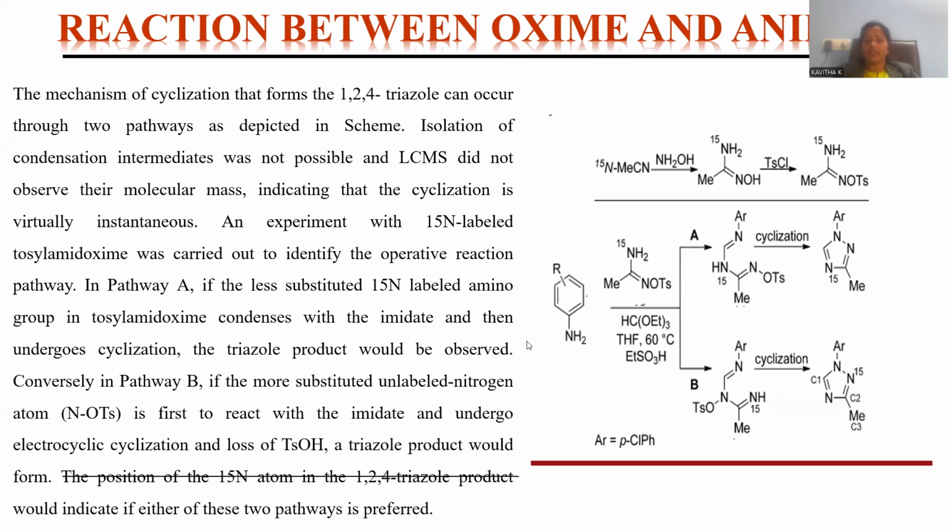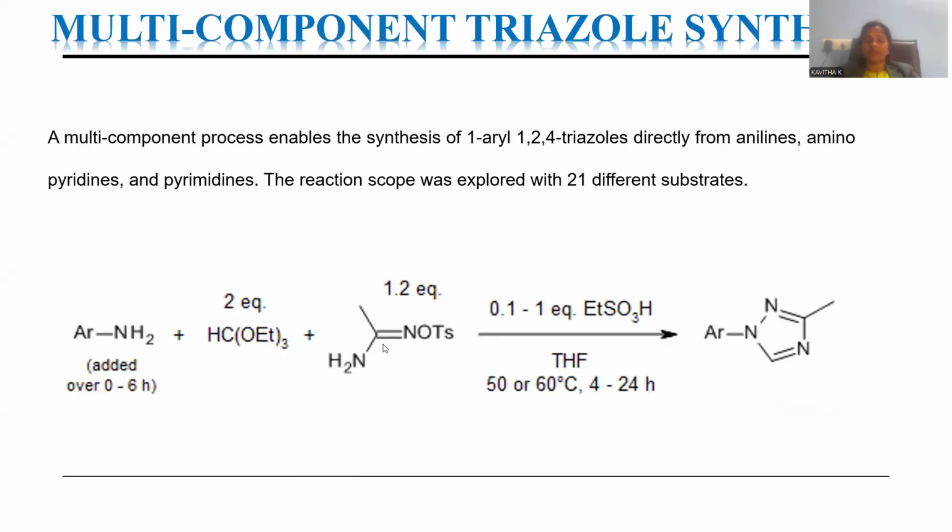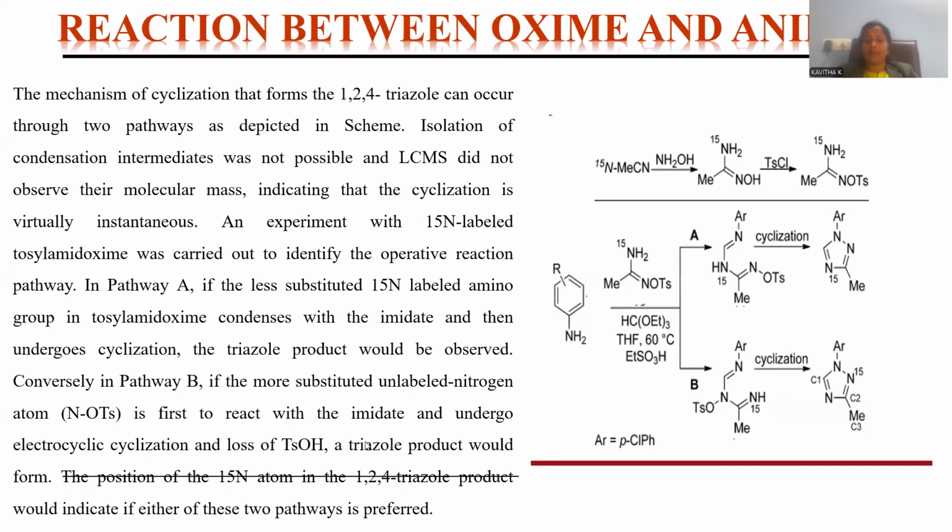Whatever material originated is to be treated with an amine. Instead of an amine, I'm taking this aniline compound. Triethoxymethane is the other material treated there, and THF is taken as a solvent, so that the reaction is able to occur. Here the nitrogen is participating.